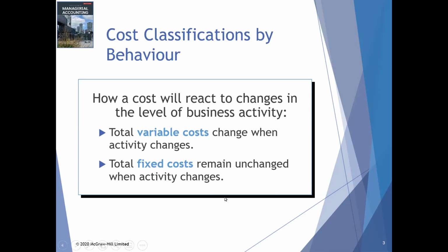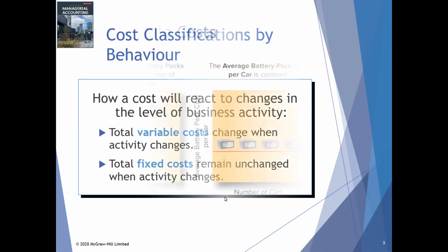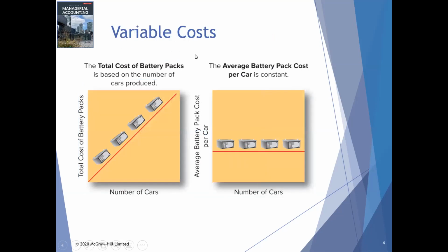So this is the cost classification by behavior. Now the variable cost: the total cost of battery packs, for example, is based upon the number of cars produced. If more and more cars are produced, more and more batteries are required, right? So in this case, the total cost of battery packs is going to increase with the number of cars.